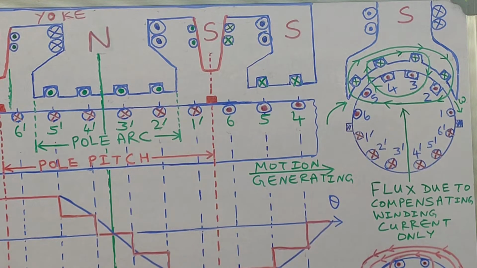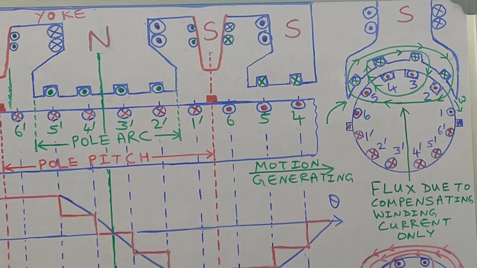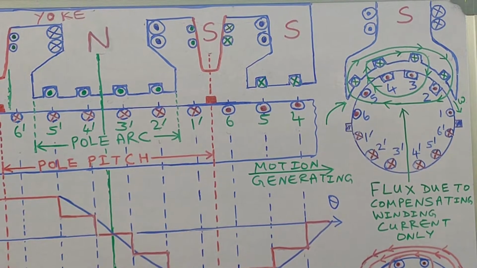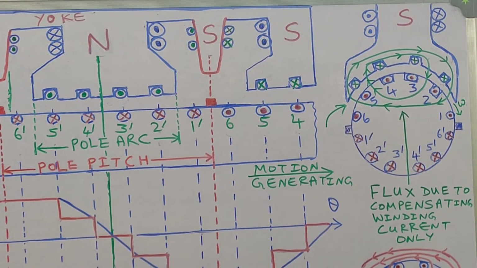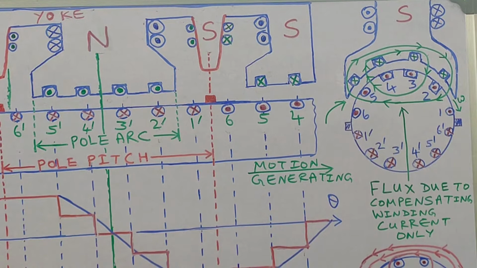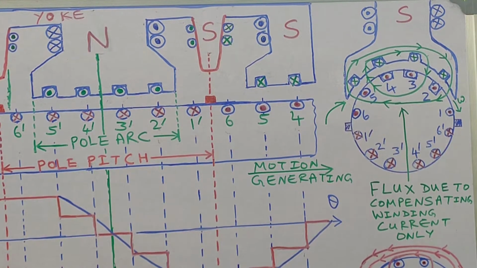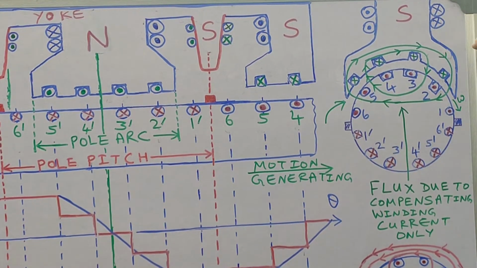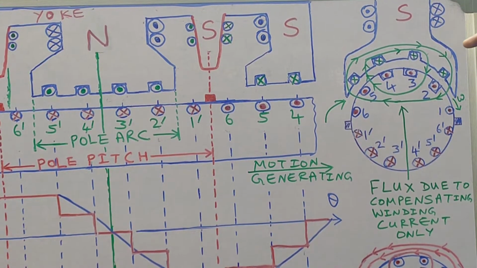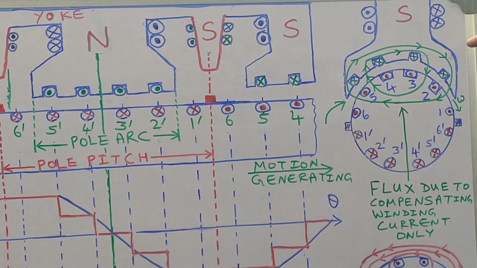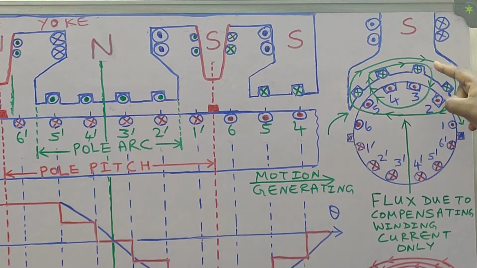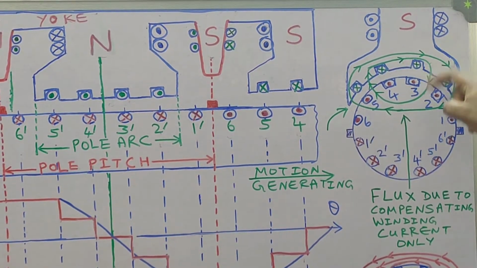Whenever the compensating windings are placed and current is allowed to pass through them, we always keep the sense of placing the compensating winding in such a way that the current through it flows in a direction opposite to the current being carried by the armature conductors under the influence of that compensating winding.